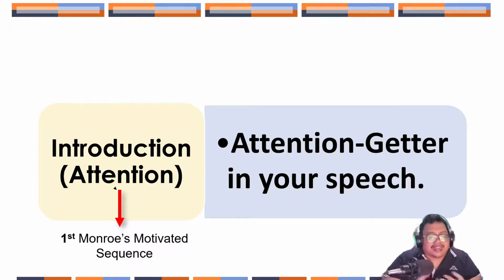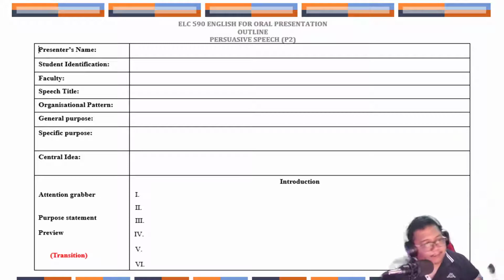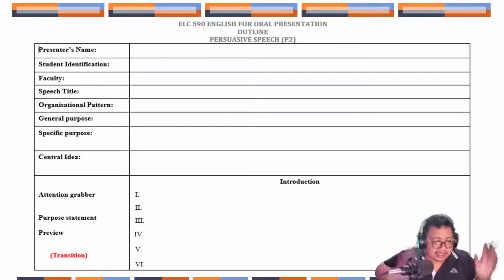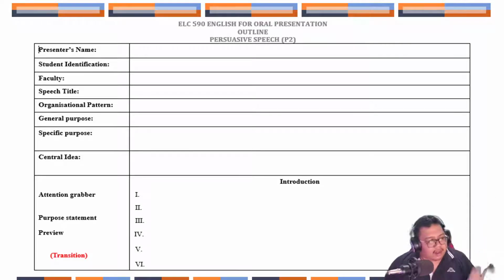So you put the first attention getter in your speech. For example, you use facts or examples in your introduction. So this is a template like the previous one, but this is more specific. So you have the name, metric number, faculty. Speech title is your topic. So insert your topic there.